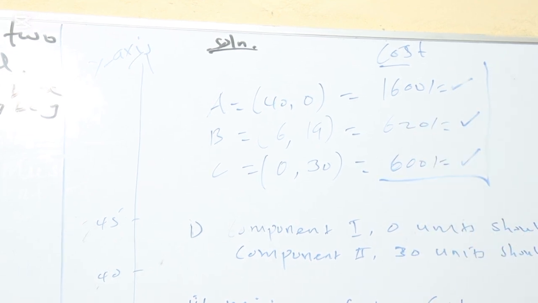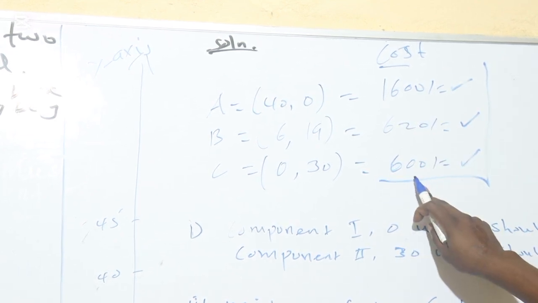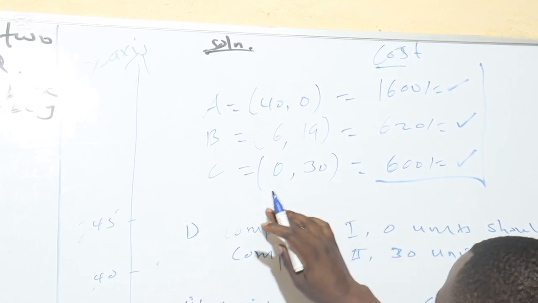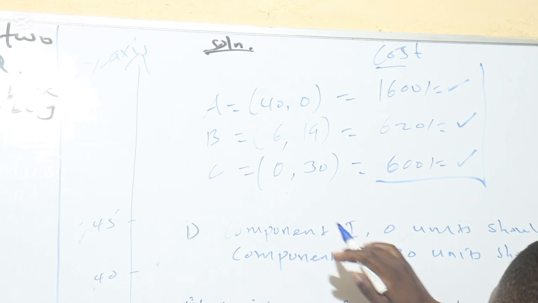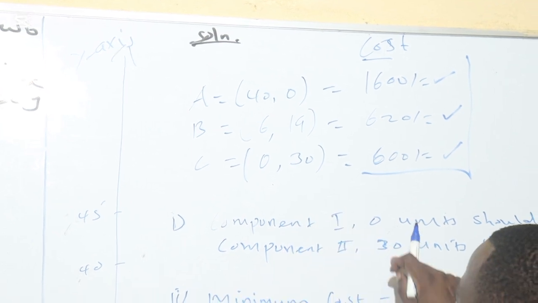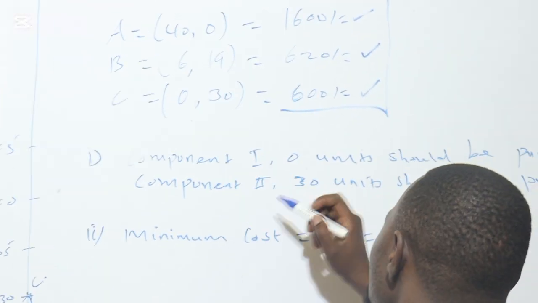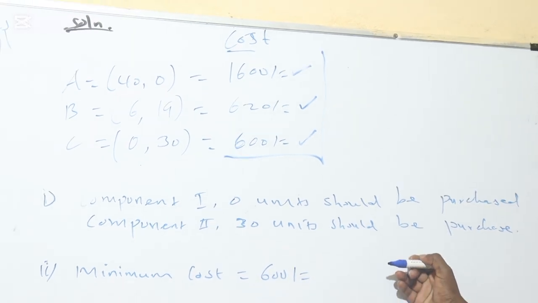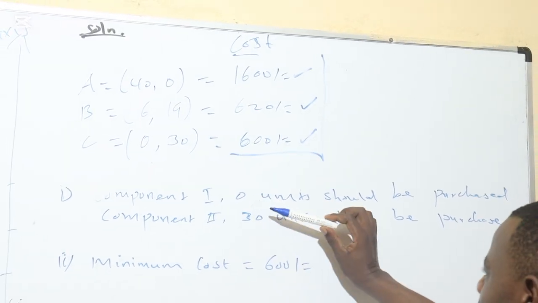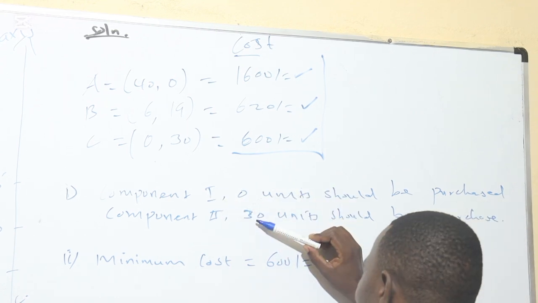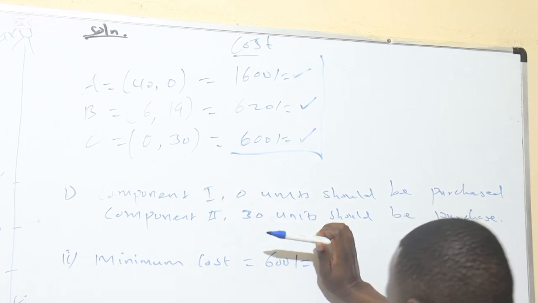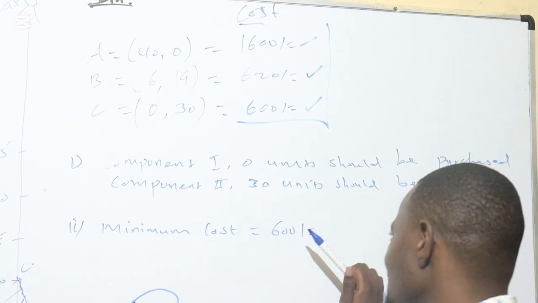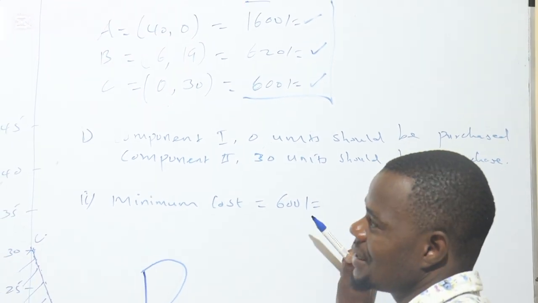The minimum cost is 600. So if they buy 0 units of component 1 and 30 units of component 2, their cost is minimum. To answer the question, they should purchase 0 units of component 1 and 30 units of component 2 in order to minimize their cost, and the minimum cost is 600 shillings.